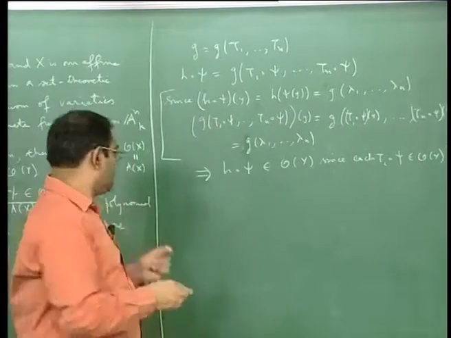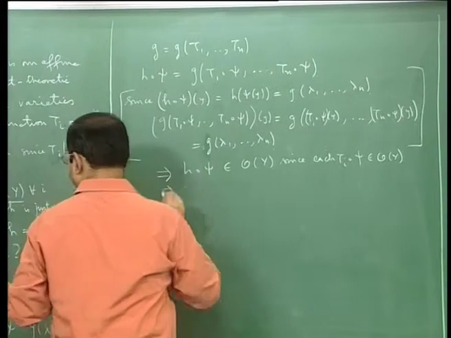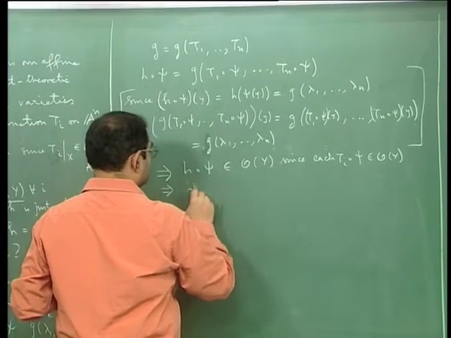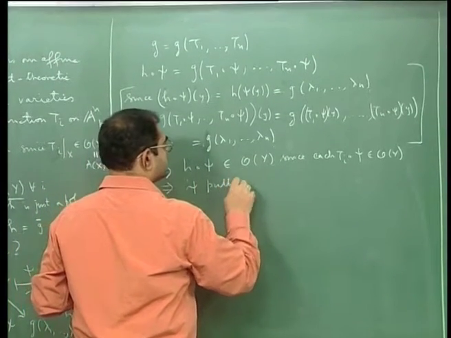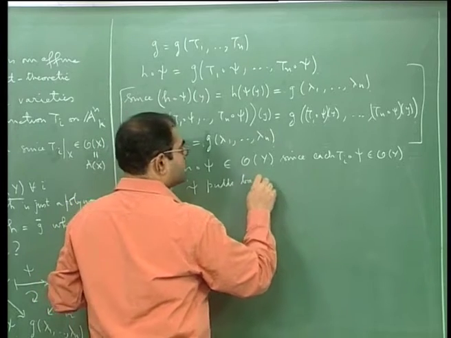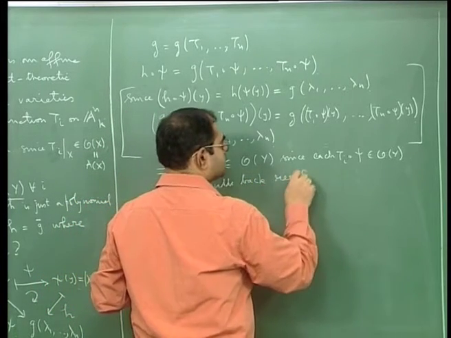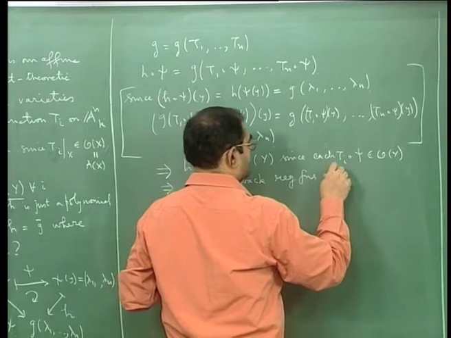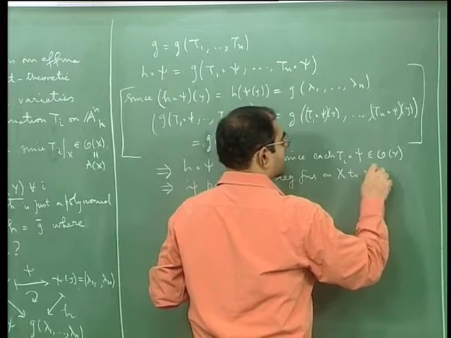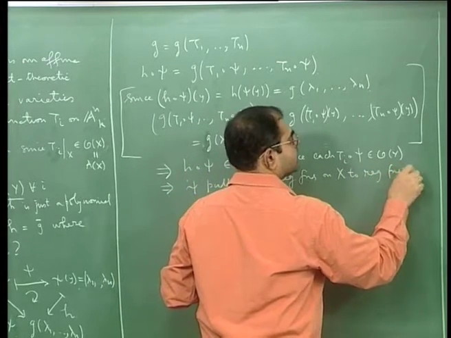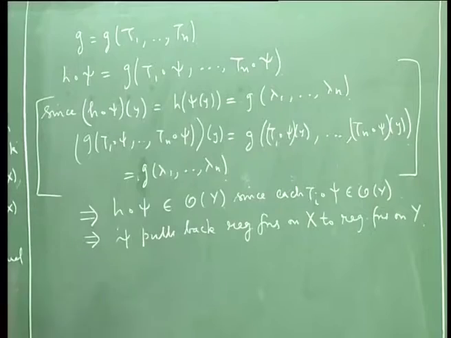So what this will tell you in principle is that psi pulls back regular functions on x to regular functions on y. Okay, so this is one of the conditions for the map psi to be a morphism.